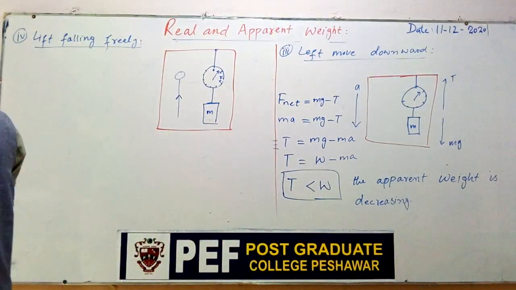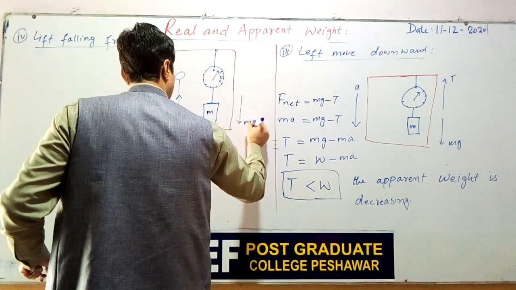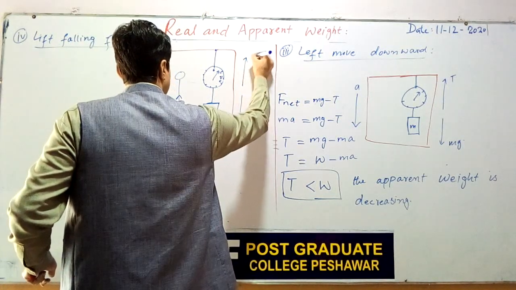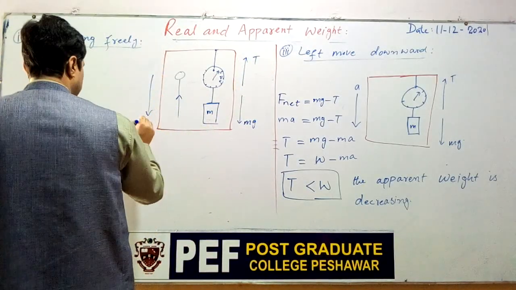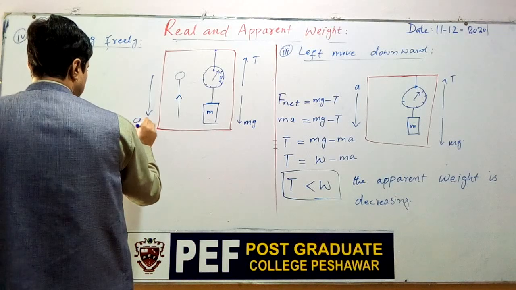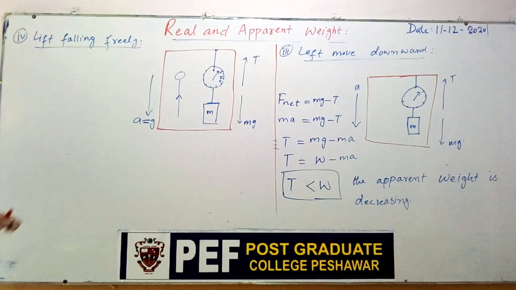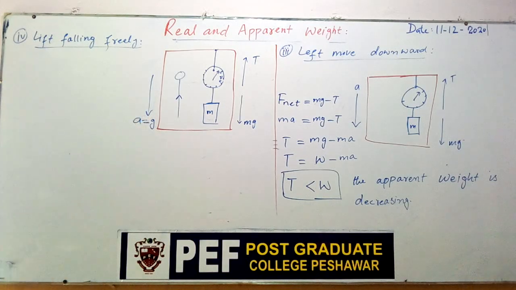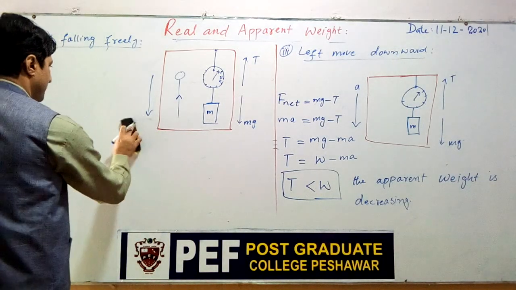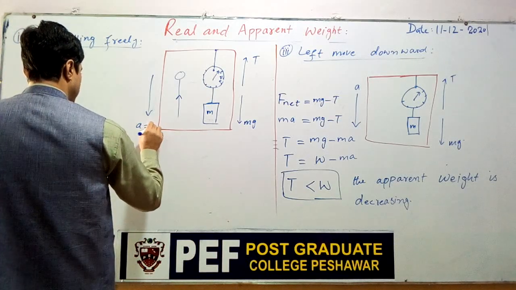The case is the same. This will be mg in downward direction, and this is tension in the string, which is in upward direction, and the lift is falling freely. So in this case, acceleration of the lift will be equal to g, because we know that acceleration of a free falling body is gravitational acceleration. For free fall, a will be equal to g.